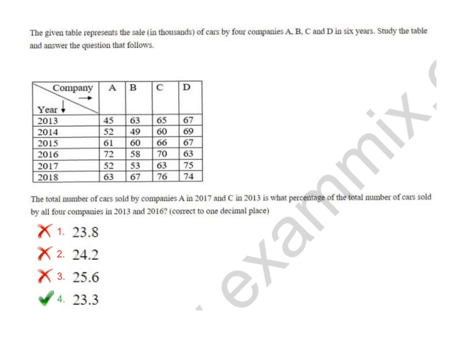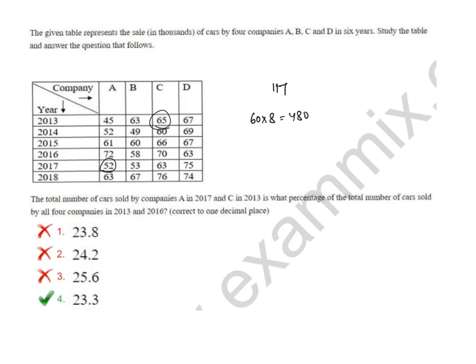Total number of cards sold by company A in 2017 and C in 2013. A in 2017 and C in 2013. That is 117. Is what percentage of the total number of cards sold by all 4 companies in 2013 and 16? So if you take 13 and 16, assume that it is 60. So I am taking how many 60s? 8 60s, that is 480.